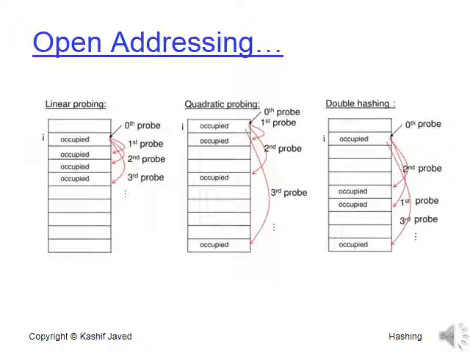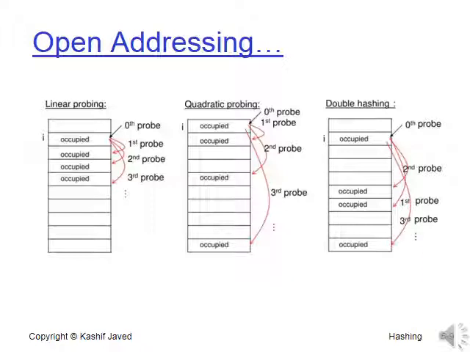As seen in the picture, quadratic probing tries to search for an empty slot at index i plus 1, which is the first try, then it increments the sequence by 2 square and does a second try, further incrementing the sequence by 3 square and does a third try, and so on.